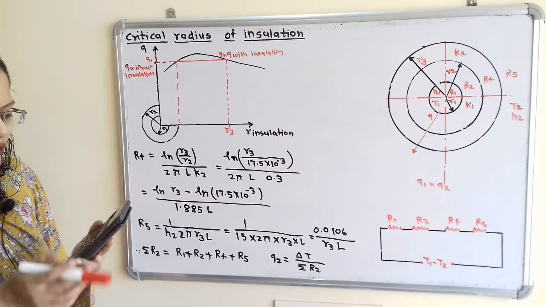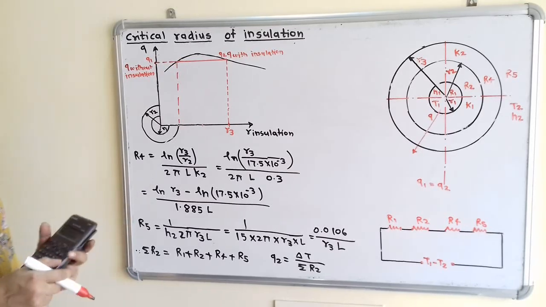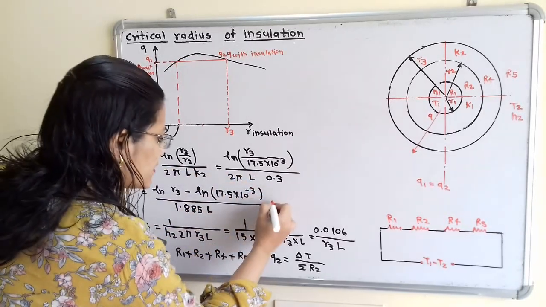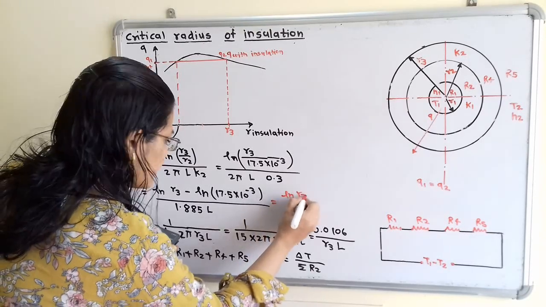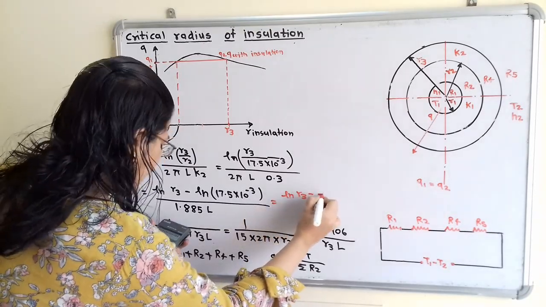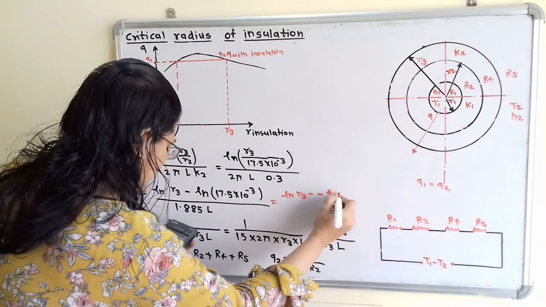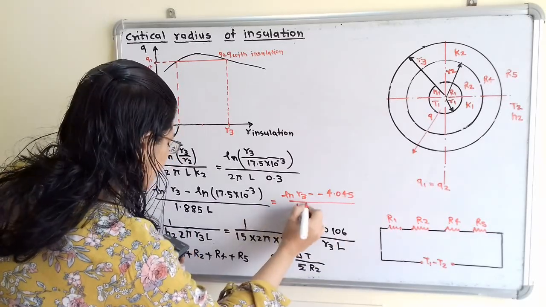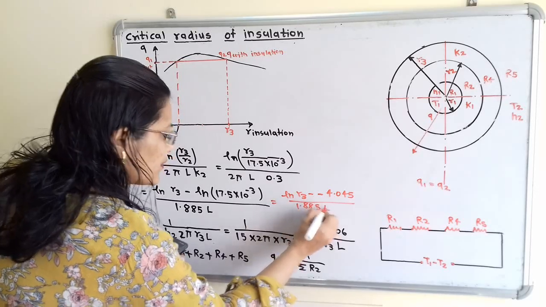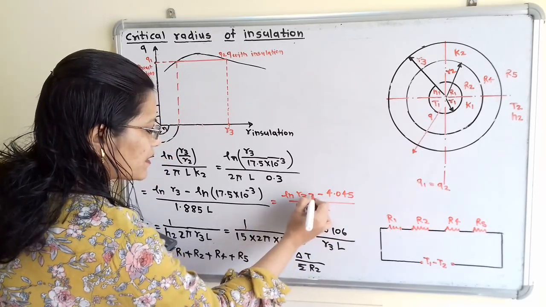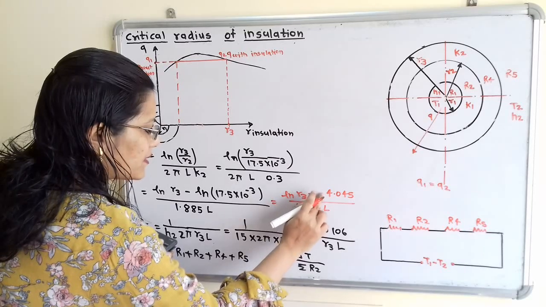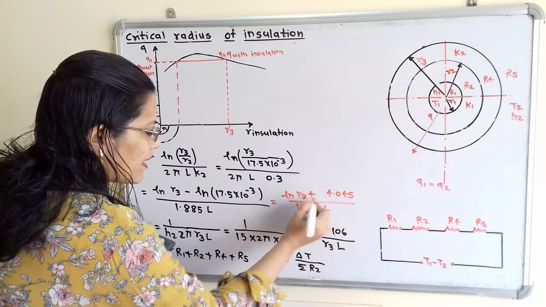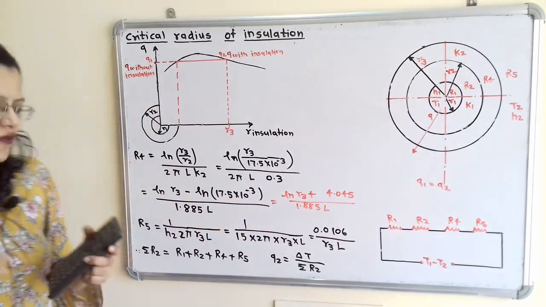That is minus 4.045. So I will simplify here, which is equal to ln R3 minus 4.045 divided by 1.885 L. Now this minus and minus will become plus. So instead of this minus minus I will write here ln R3 plus 4.045.